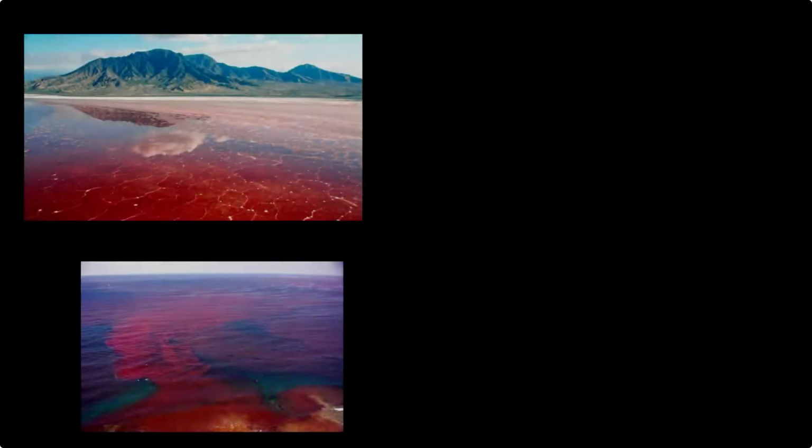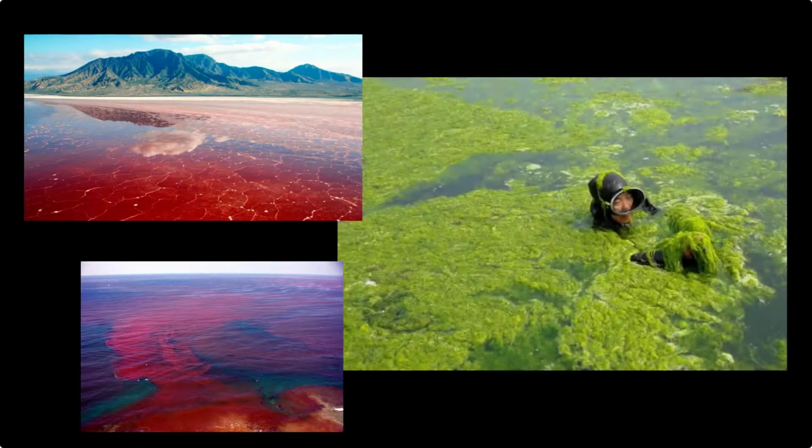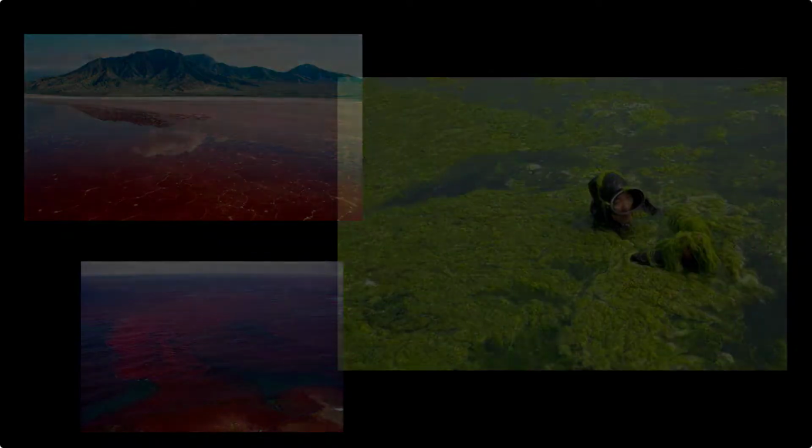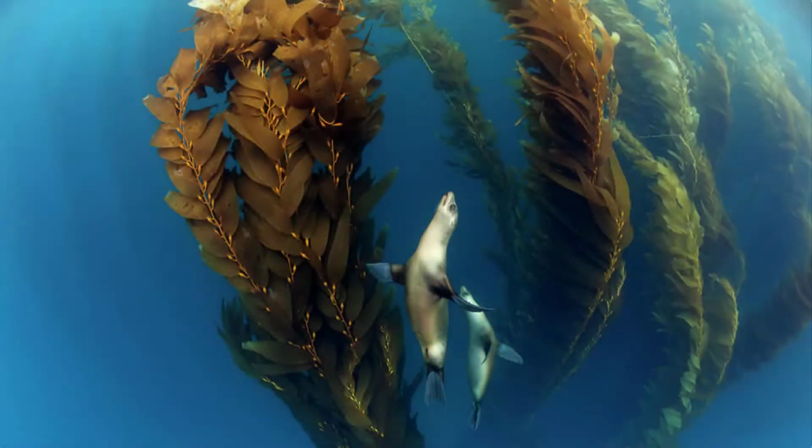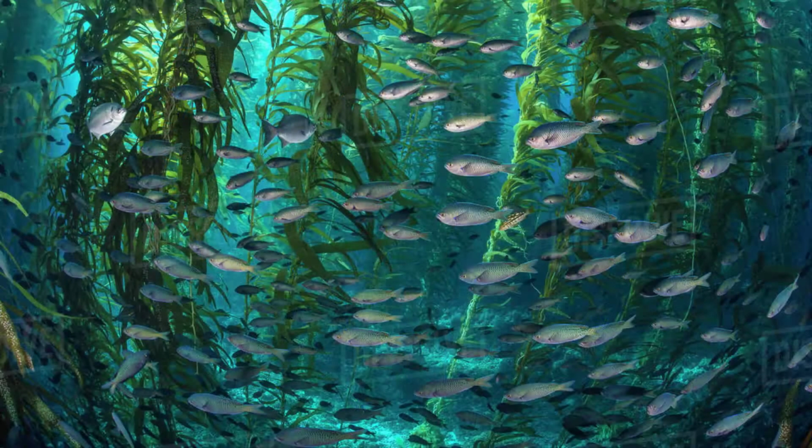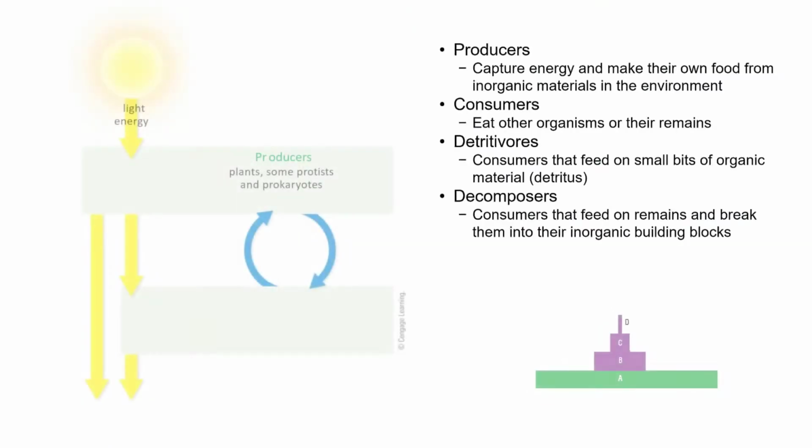Other examples are algae, and you've got these red and green algae. Also are kelp, the large kelp forest off the coast of California. These plants are actually single-celled organisms. There are a few exceptions, but they are protists.